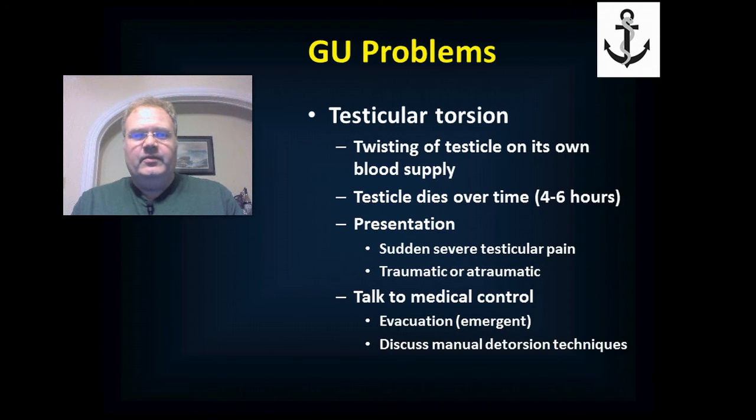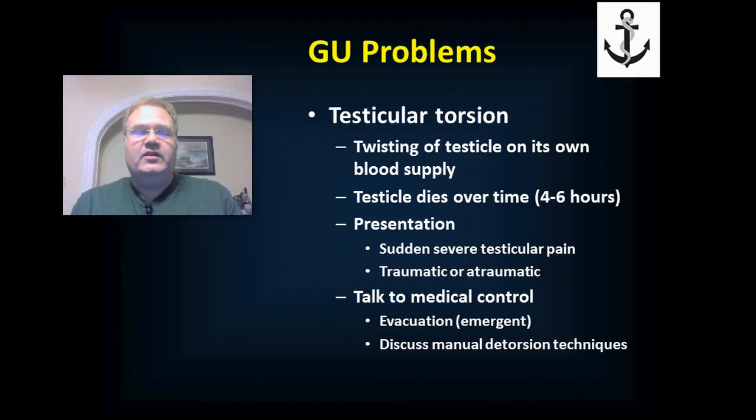And so those come in from above, and then typically the testicles are attached to the scrotum below, and that stabilizes them. But if that attachment isn't right, the testicle can kind of spin around on itself, and it can potentially cut off its own blood supply. This typically happens to adolescents and young adults. The testicle will die over 4 to 6 hours. Now, this doesn't affect fertility, but you don't want both testicles to die.